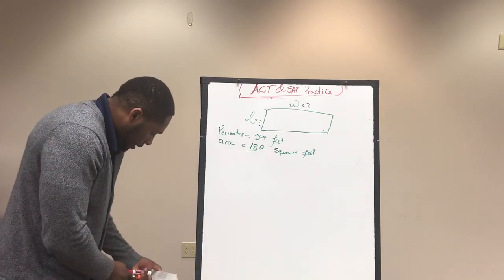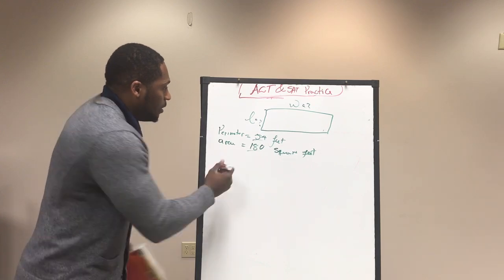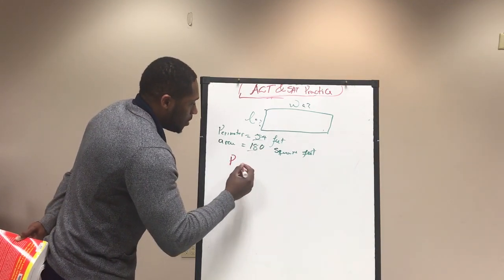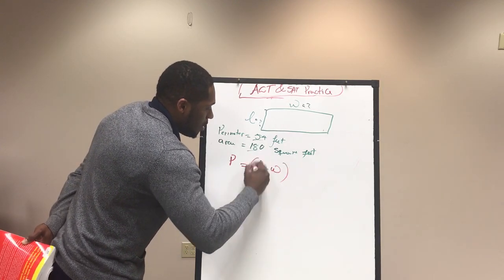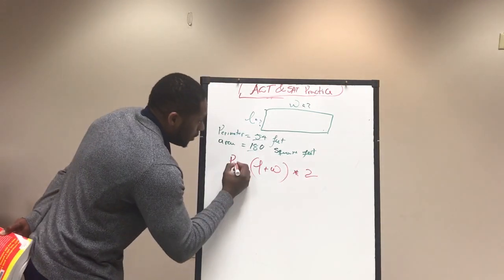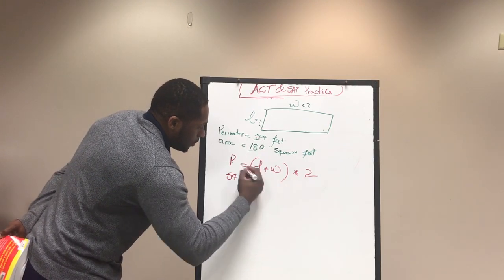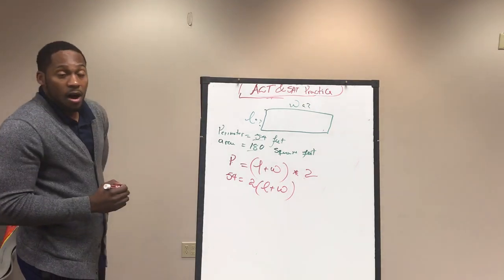All right. So let's change color here for no apparent reason at all. What's the formula for perimeter of a rectangle? Length plus width multiplied by 2, right? So the perimeter is 54, that's equal to, I put the 2 up front here to make it easier, 2 times length plus width.